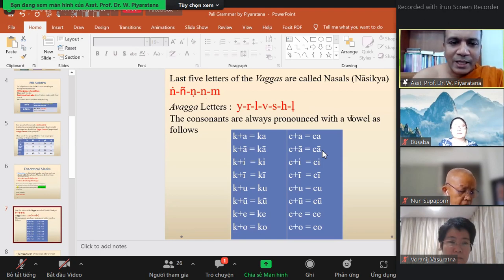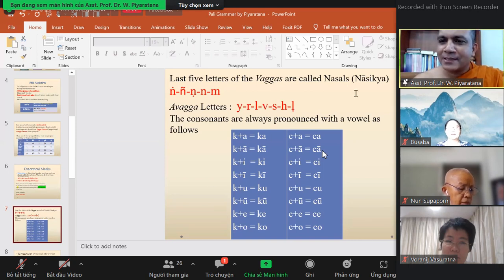Now, when we combine consonants with vowels, we pronounce like ka, ki, ku, ke, ko. Lucky you study Pali.